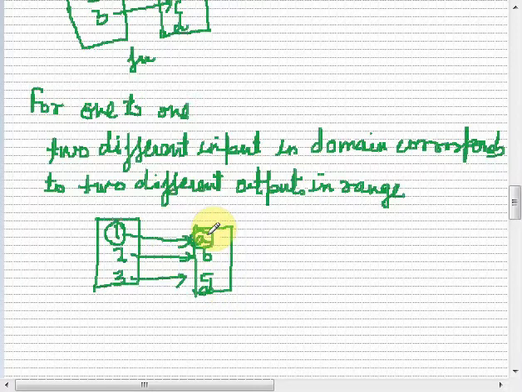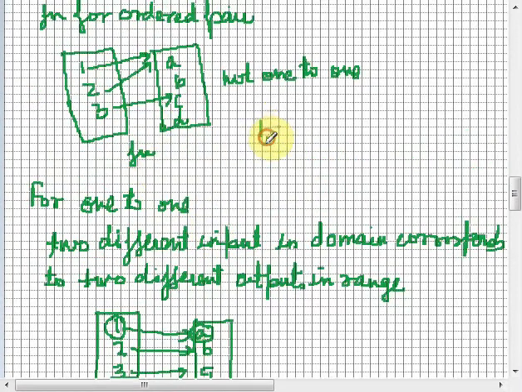In the above function, 1 and 2 were assigned to A. This is not a one-to-one correspondence. What should happen? 1 should correspond to A, 2 to B, and 3 to C. Then this is a one-to-one correspondence. So for a function to have an inverse, the function should have one-to-one correspondence, then only the inverse exists.